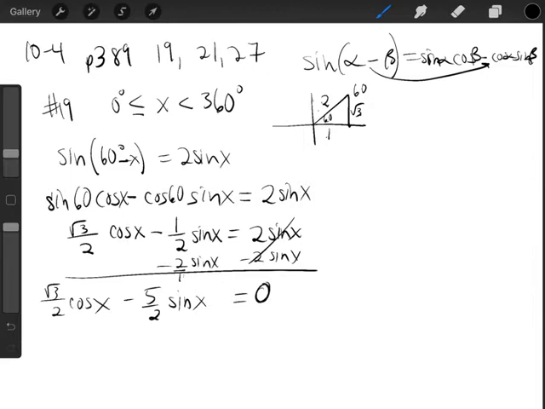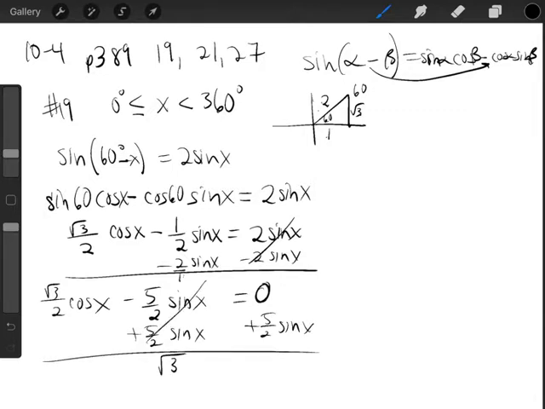And then from here, I'm going to go ahead and add 5 over 2 back, and you'll see in a minute why this might be helpful. So I get square root of 3 cosine x over 2 is equal to 5 sine of x over 2.